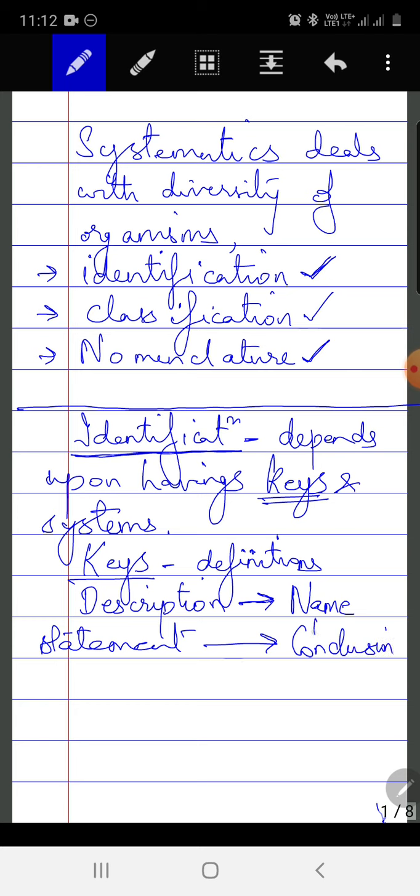Name is the conclusion, right? And the description is in the form of a statement, right? The statement is called the lead, whatever the description. Like, it's cylindrical, it is black in color, it is made up of keratin protein, and finally it is hair. Okay, this is how you identify. So identification depends upon the keys, right?